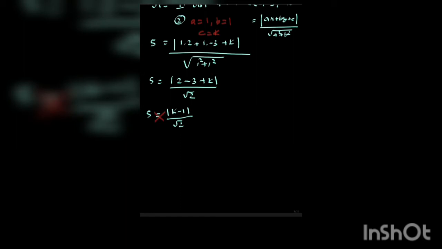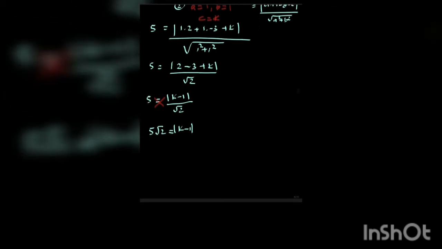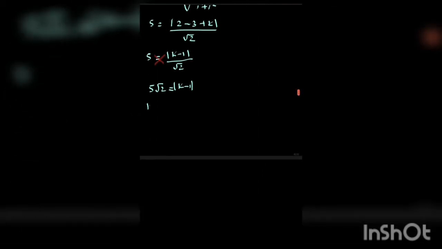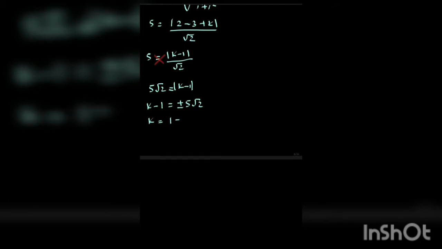Cross multiplication. 5 root 2 is equal to mod k minus 1. Sending mod towards left side, then it becomes k minus 1 is equal to plus or minus 5 root 2. So k is equal to 1 plus or minus 5 root 2.